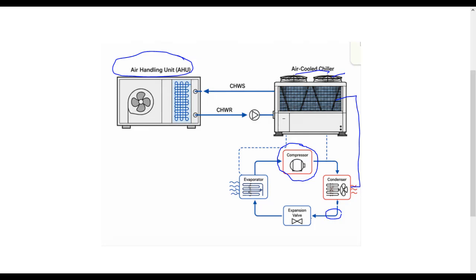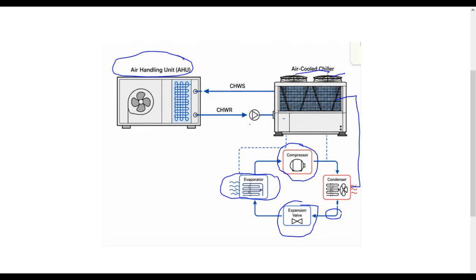After that we have an expansion valve. In the expansion valve there is a sudden expansion, and due to this we get a very low temperature and low pressure refrigerant, which goes to the evaporator. Here the temperature of the refrigerant is very low. This is basically a shell and tube type heat exchanger, which is the evaporator.